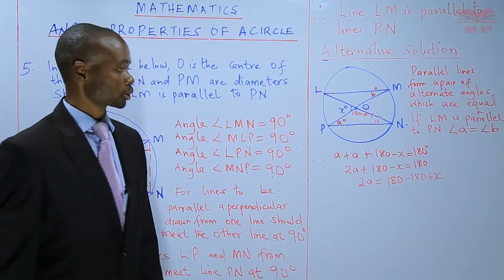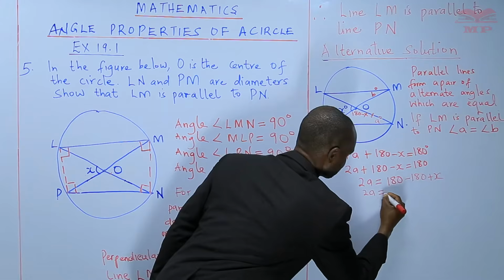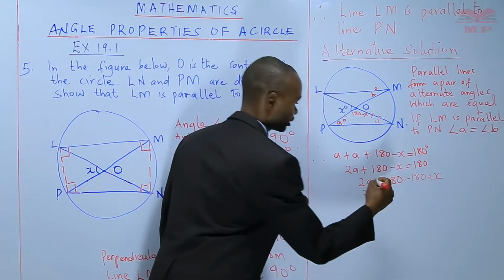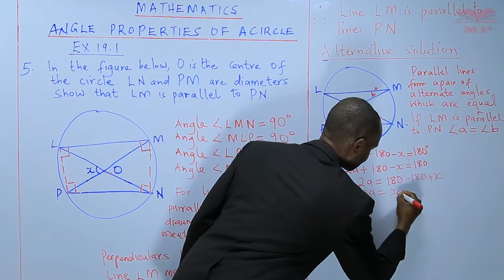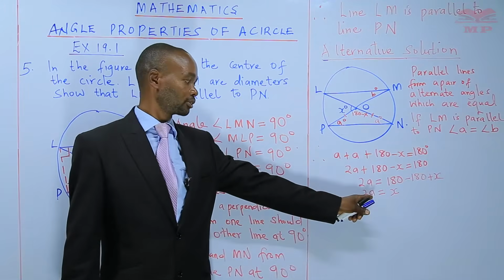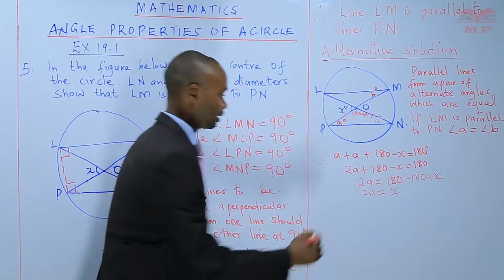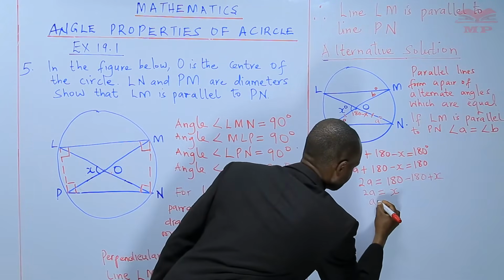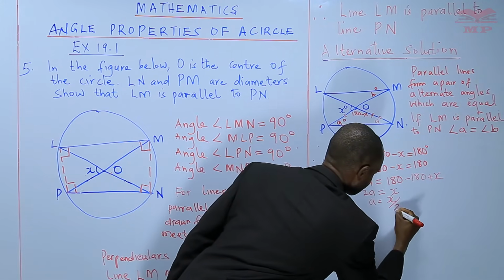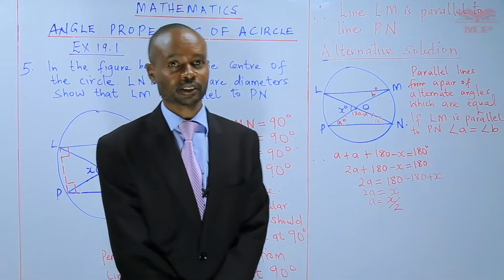So moving down, we shall have 2A is equal to 180 minus 180, you get 0, then you remain with x. So to get the value of A, I'll divide by 2 on both sides. So A will be equal to x divided by 2.